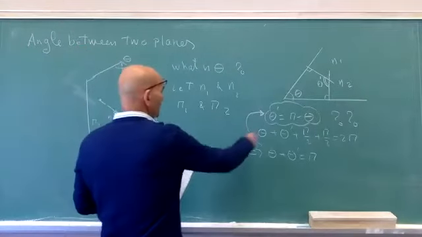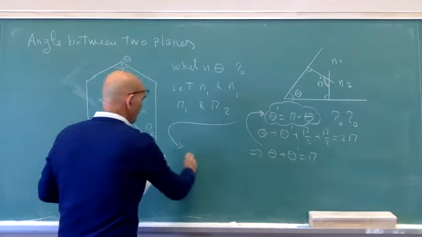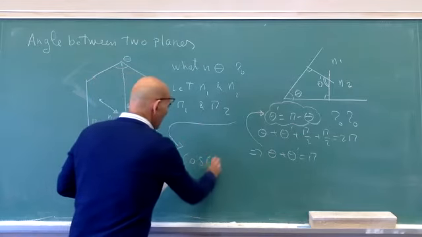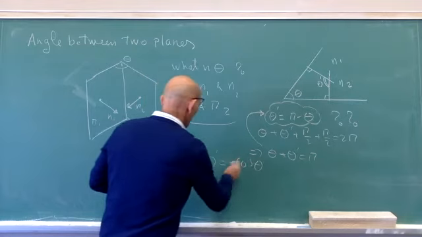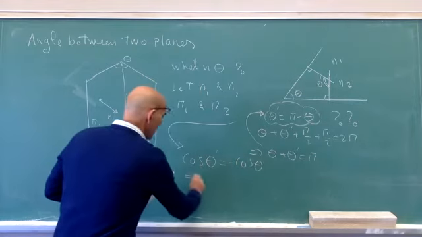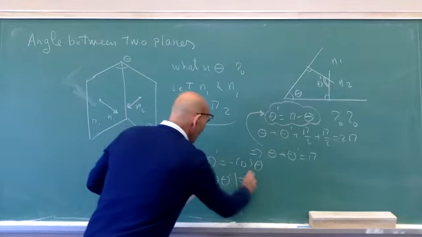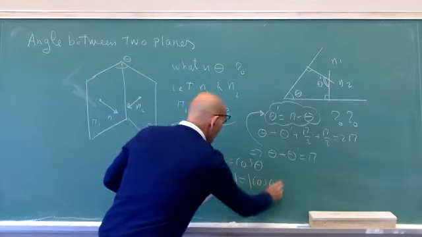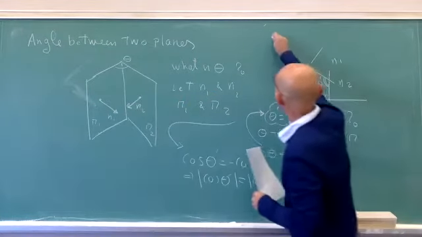So from here, you immediately get that. So this is a bit of a trigonometry exercise. Cosine of theta prime is equal to minus cosine of theta. So of course, then it follows that the absolute value of cosine of theta prime is equal to the absolute value of cosine of theta. And to see this, just remember what is cosine, right?